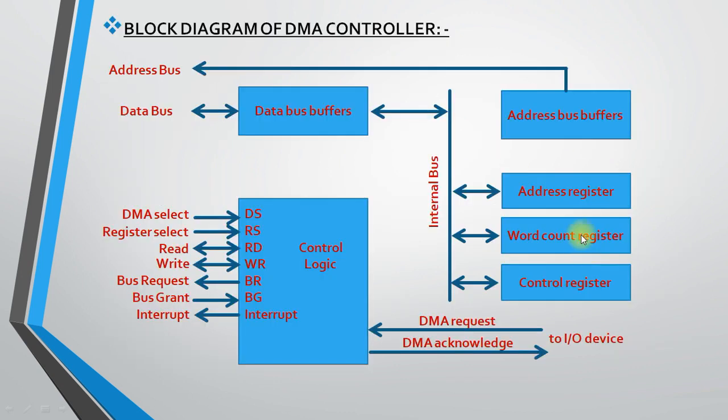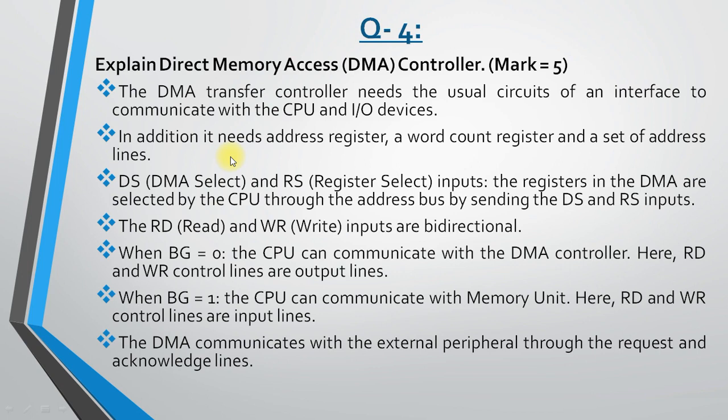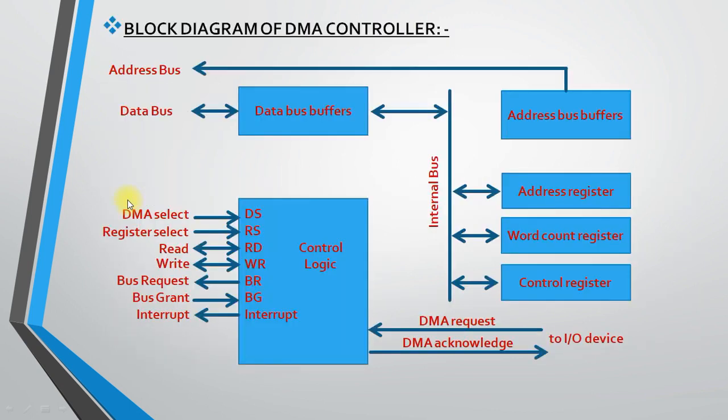See over here, we have address register, word count register and control register, right? So address lines we have passed. Now there are two types of selection used for the input, right? See the arrow sign, it is input arrow sign. So DMA select and register select, right?